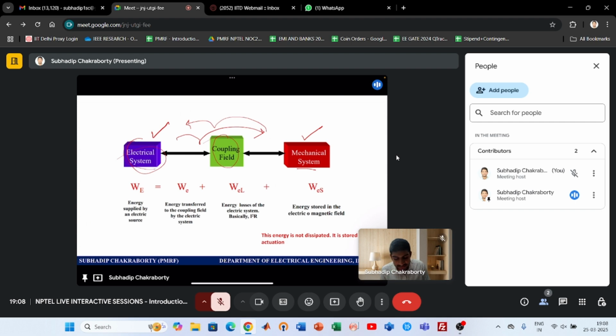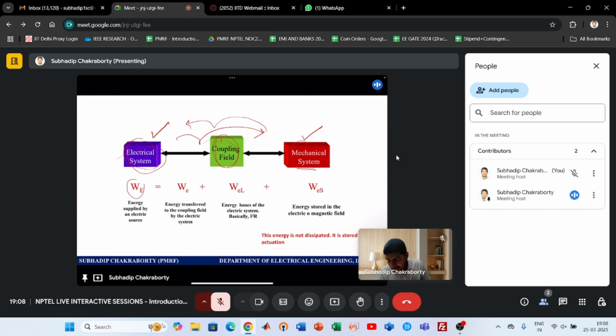So you have an electrical system on one side and a mechanical system on the other side, and in between you have some coupling field or some medium through which the energy is transferred, right? That coupling field helps us convert the electrical energy of the electrical system into mechanical energy, which is utilized by the mechanical system, or the mechanical energy from the mechanical system back into electrical energy to be utilized by the electrical system. So that form of energy conversion exists, and we therefore study electromechanical energy conversion.